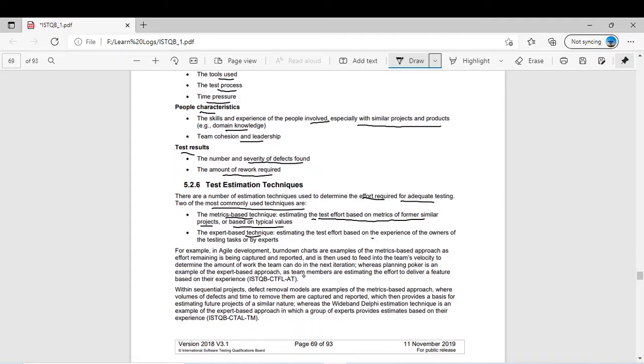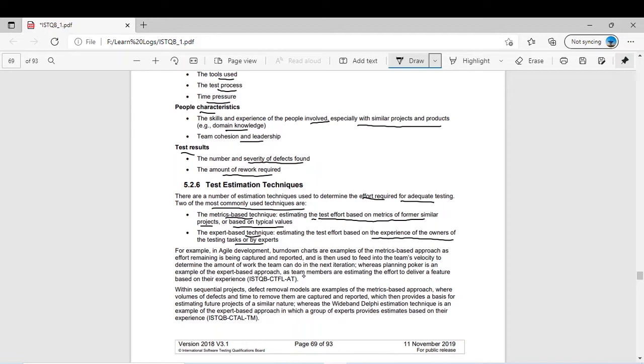This is estimating test effort based on the experience of the owners of the testing tasks or of experts. For example, if you do not have data from a previous project and you have time pressure as well, in that case you will ask an expert. Or even if you do not have time pressure, but you only need some standard and do not want to go into the calculation of each and every requirement of the project, you simply ask the expert and they will give you a rough idea.